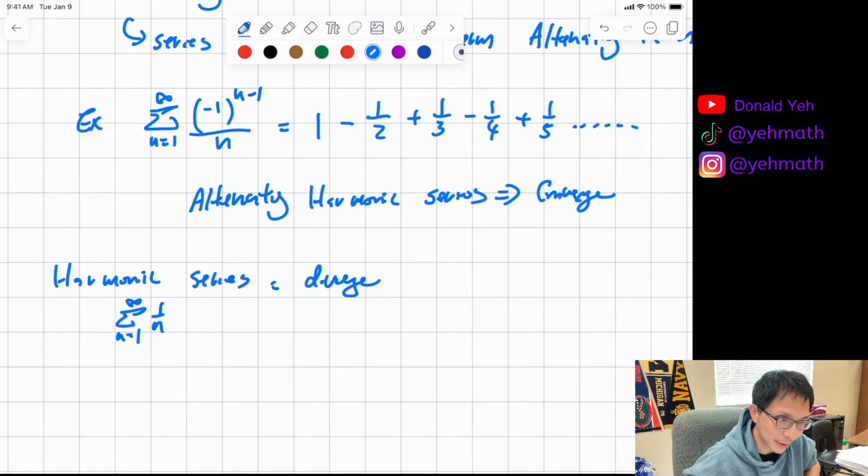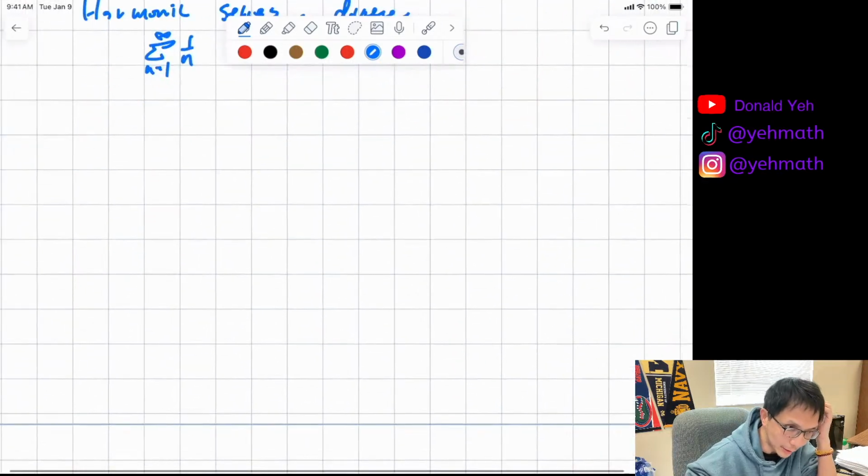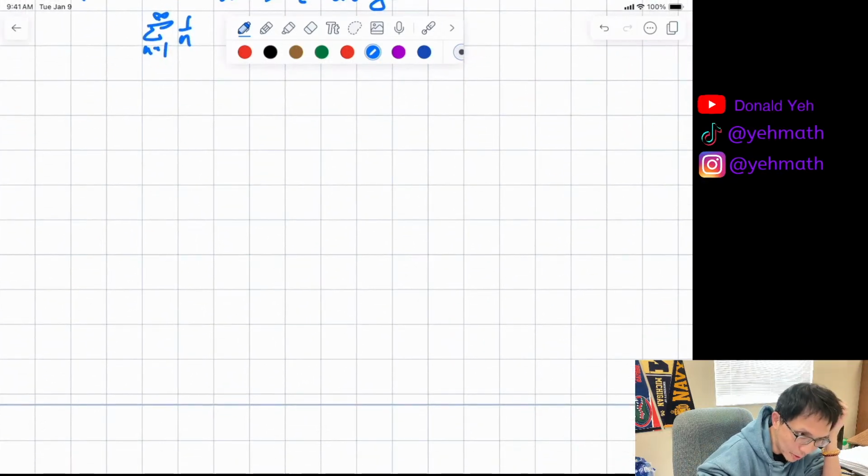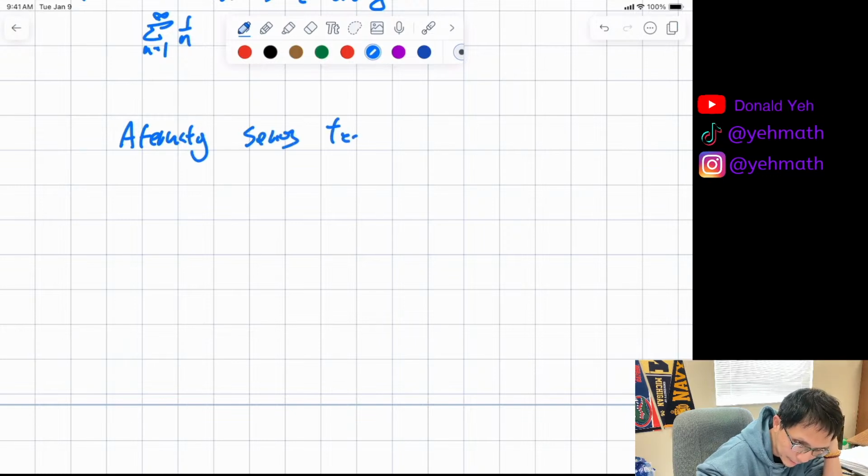What's the alternating series test? Well, the alternating series test is this. Shorthand, the alternating series test.